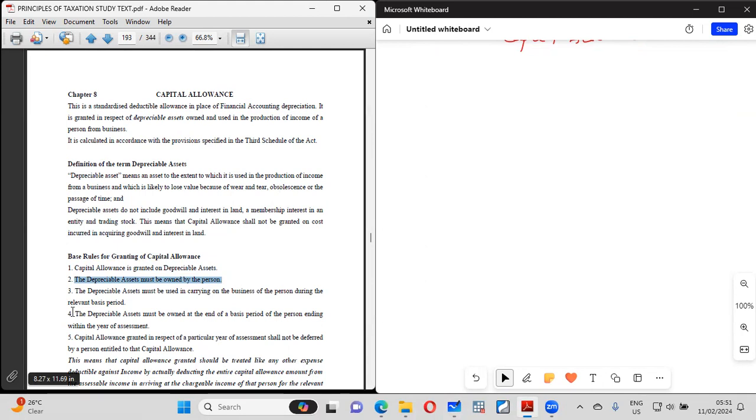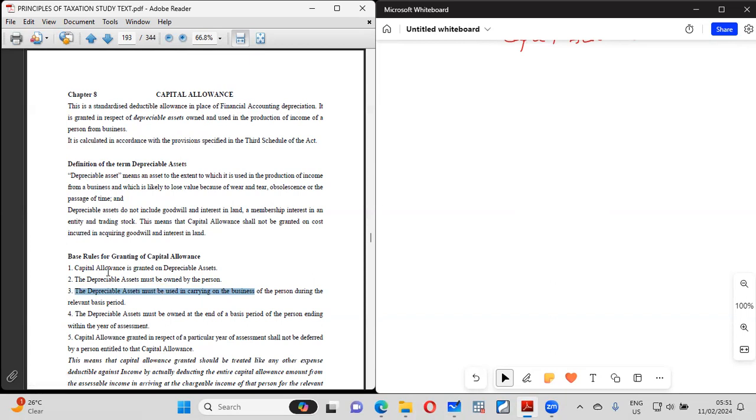If it is an individual who is self-employed, it must be owned by you. Again, the depreciable asset must be used in carrying on business, i.e., it must be used in the production of an income.